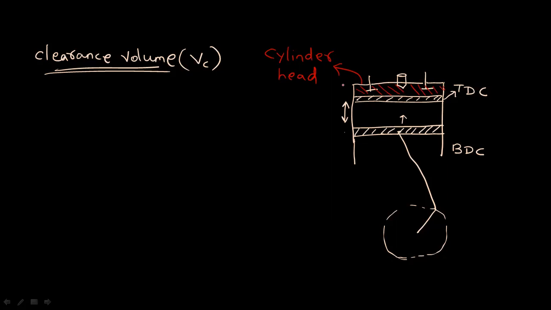This small volume is called clearance volume. Okay. It's very simple to remember. When the piston is at top dead center, there will be a very small space in between the piston and cylinder head. The top part is called the cylinder head. The volume of that small space is called clearance volume.